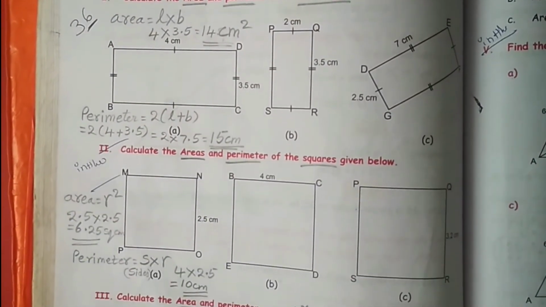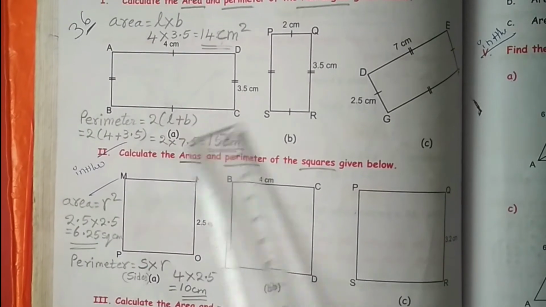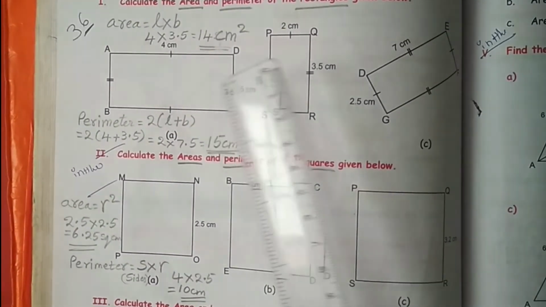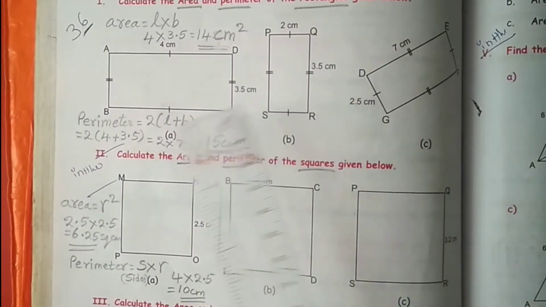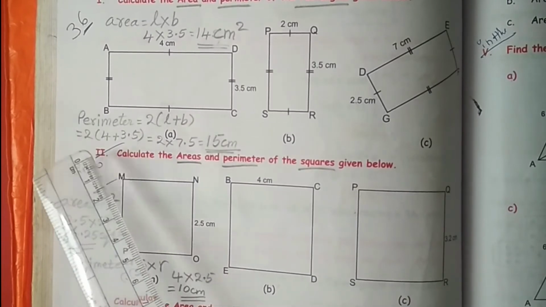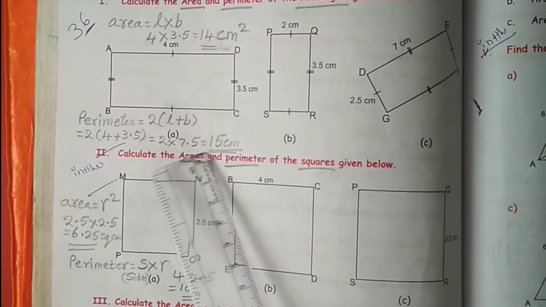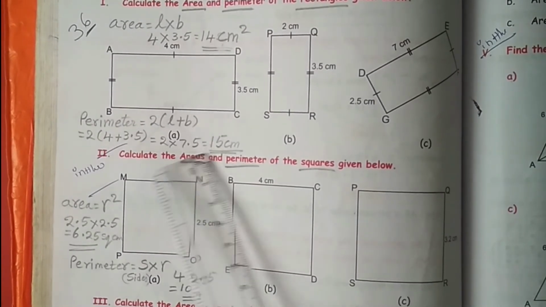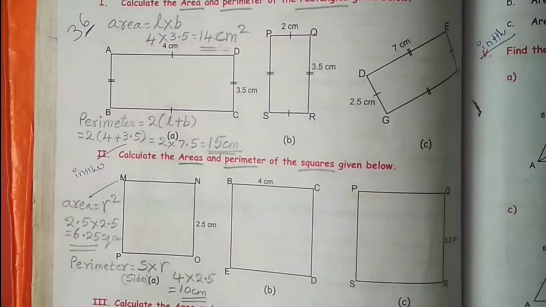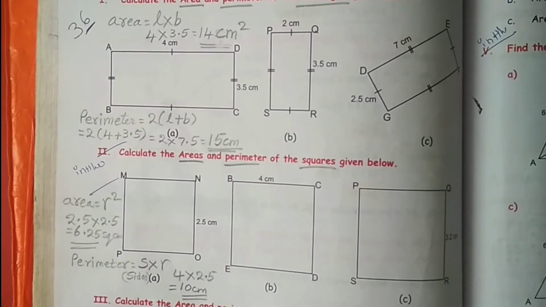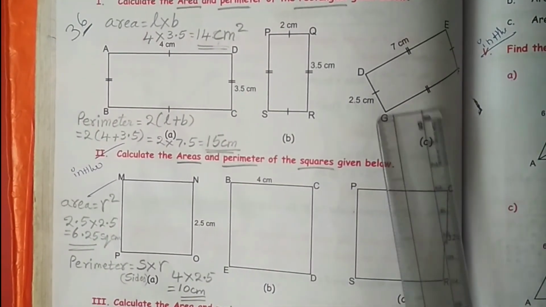And the perimeter. What's the formula for the perimeter? 2 into L plus B. That is 4 plus 3.5 into 2 is 2 into 7.5. That is 15 centimeters is the perimeter. Likewise, you do the B and C bits.